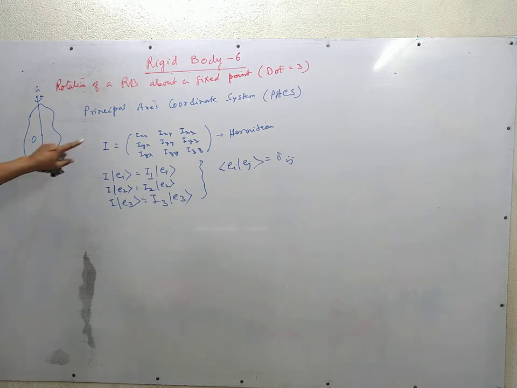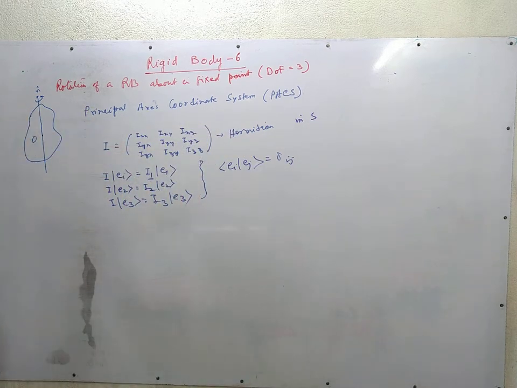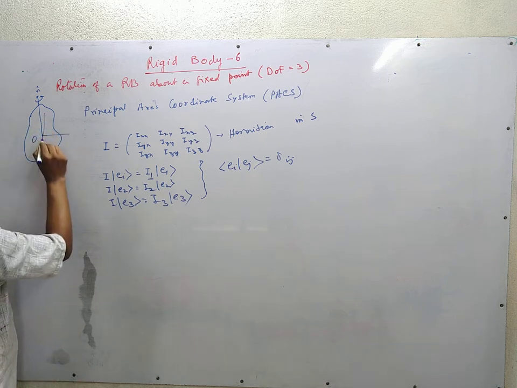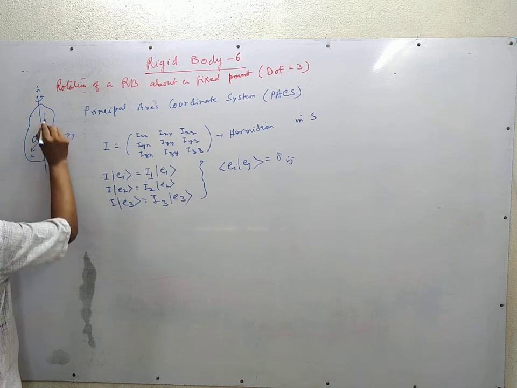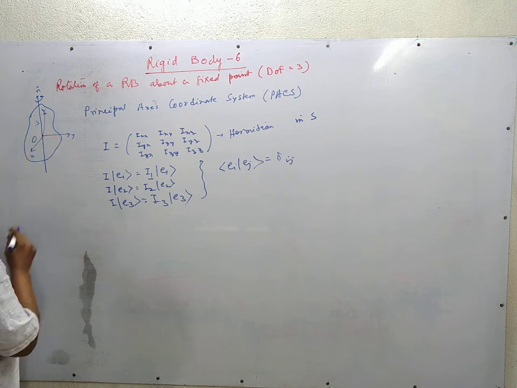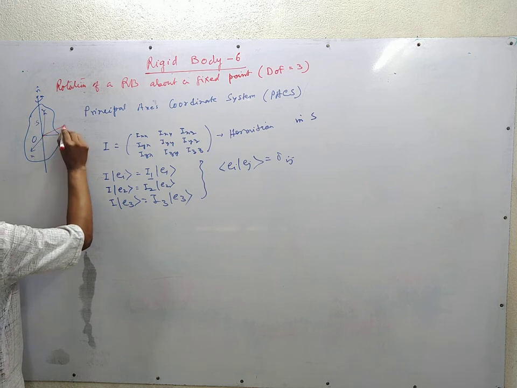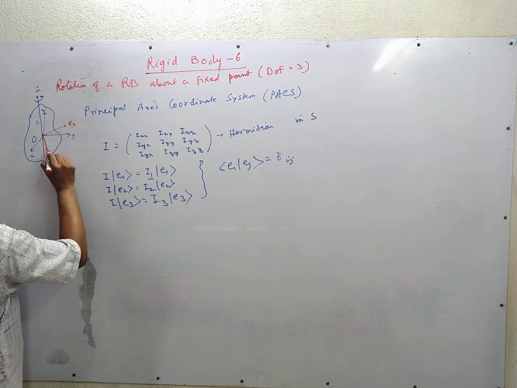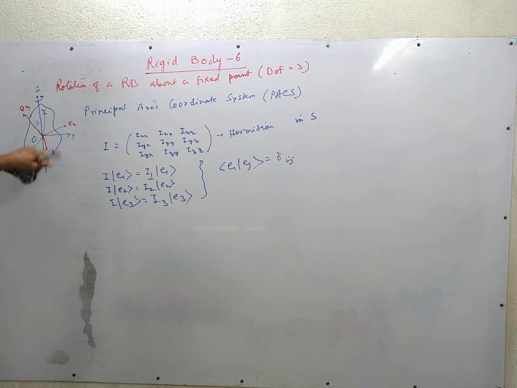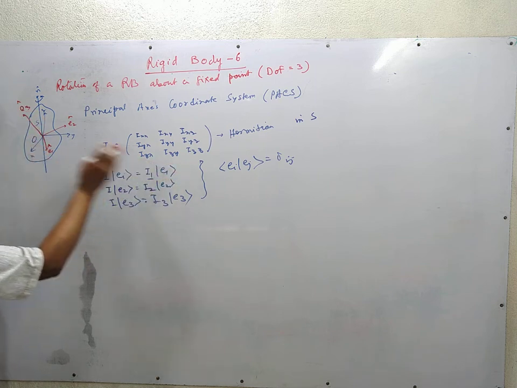If this moment of inertia is written in the S frame, say this is the coordinate system x, y, z, which defines the S frame, and we consider another frame whose axes are E1, E2, E3, and as the body rotates, the directions along these unit vectors also change.